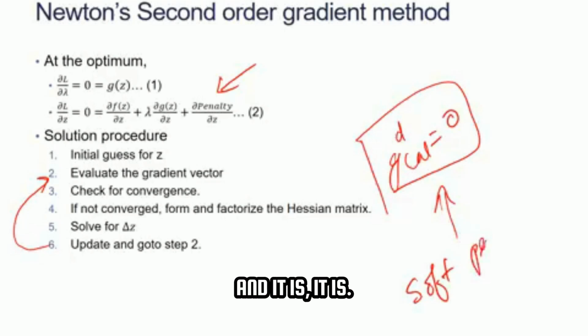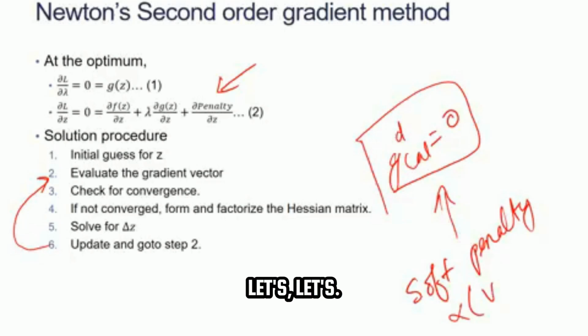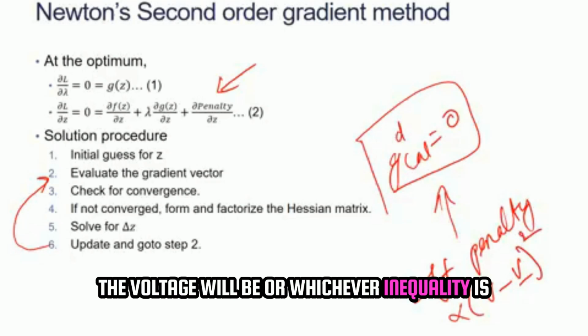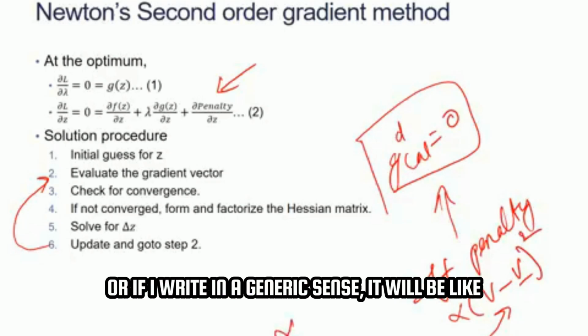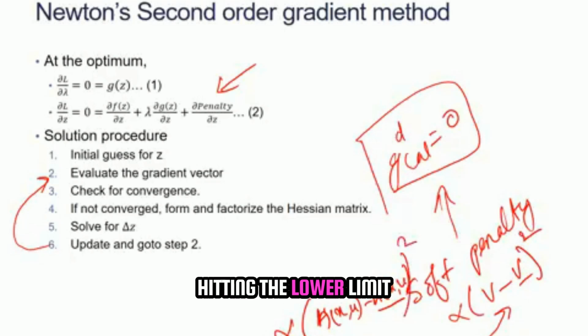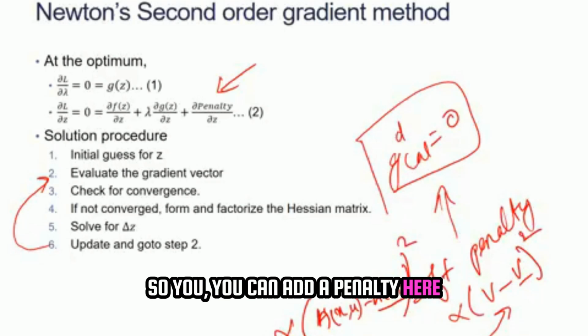If we talk about voltage, whichever inequality is violated, you will write it in this fashion. In a generic sense, it will be h(x,u) minus h(x,u) lower bar if it is hitting the lower limit, or upper bar if it is hitting the upper limit. So you can add a penalty here, and it will become much simpler.